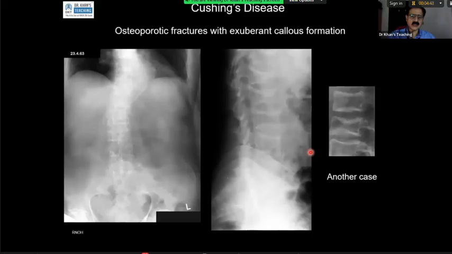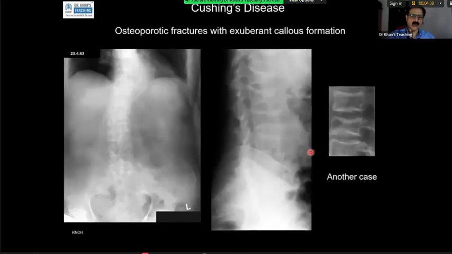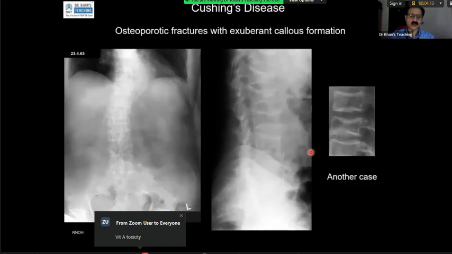And the final thing which I want to cover today is Cushing's syndrome or Cushing's disease. In Cushing's syndrome, the key exam thing which you have to remember is that there will be fractures, for example, in the spine and in the ribs, and they can be spontaneous fractures.